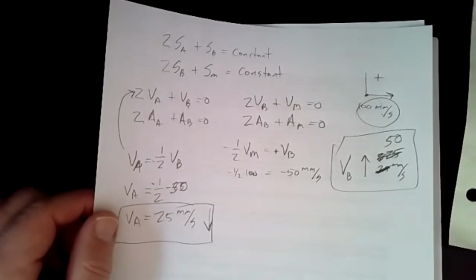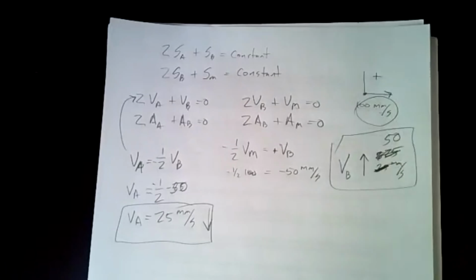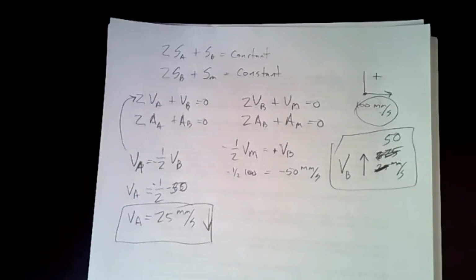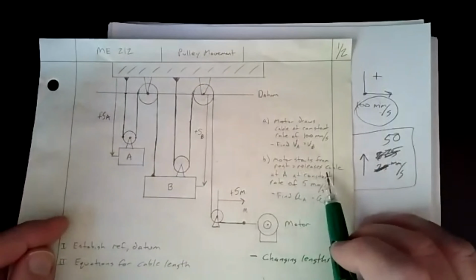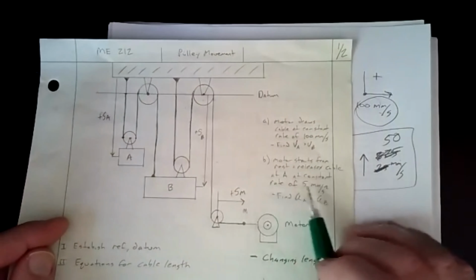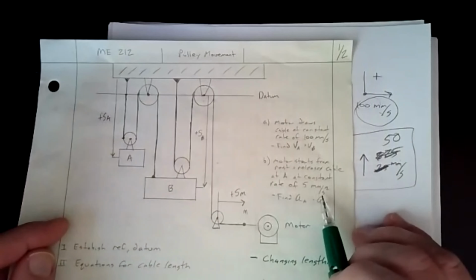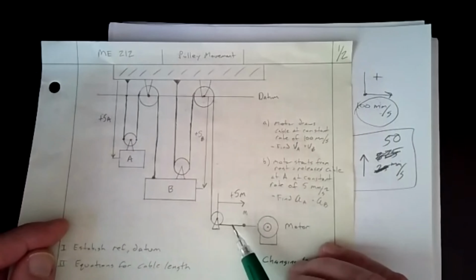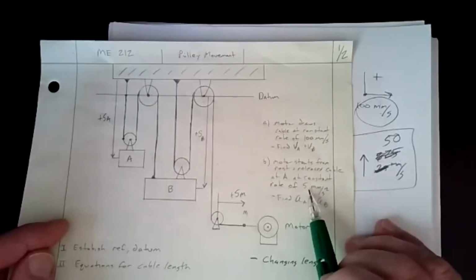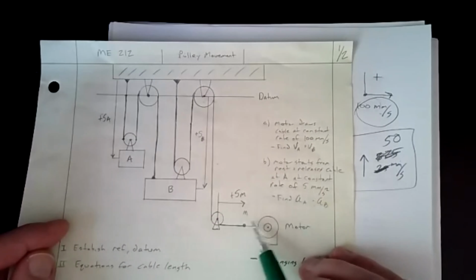Okay, so the second part says the motor starts from rest and releases cable at A at a constant rate of 5 millimeters per second squared. When it says it releases, that means our acceleration here is already negative, because it's releasing, it's going that way.